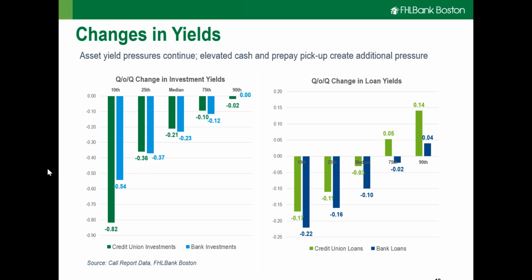So at each percentile, whether you're talking about the 10th, 25th, median, 75th, or the 90th, credit unions were able to either have less contraction in yields, or even, in the case of about 25% of our credit union members, able to see some expansion in yields.